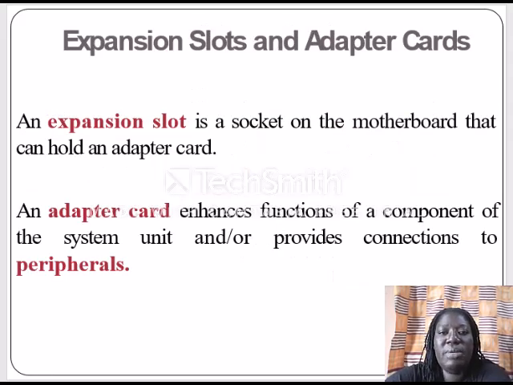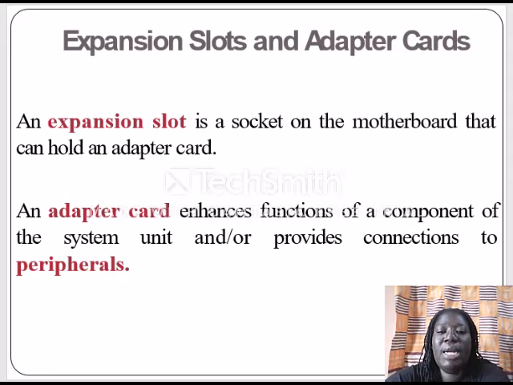Now we move on to the expansion slot and the adapter cards. We have to know what an expansion slot is. An expansion slot is a socket on the motherboard that can hold an adapter card. So the work of the expansion slot is to hold an adapter card.